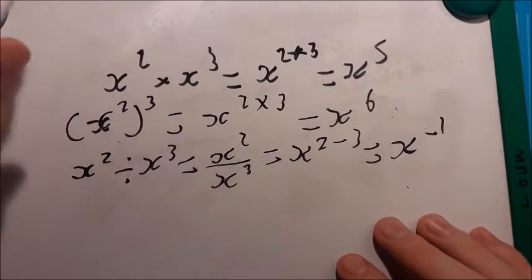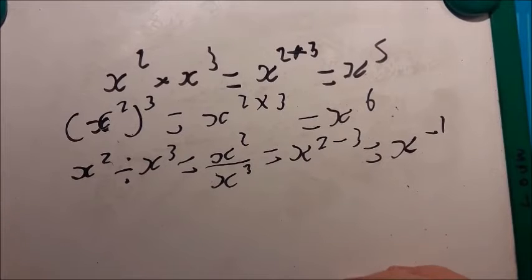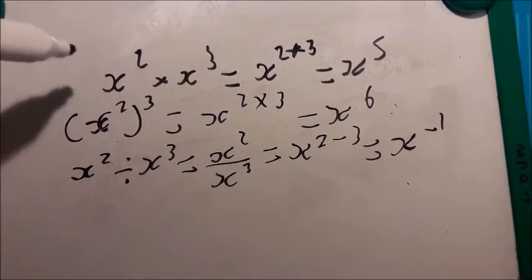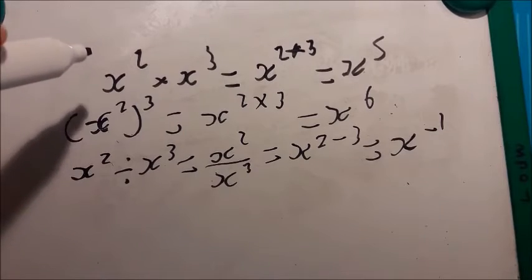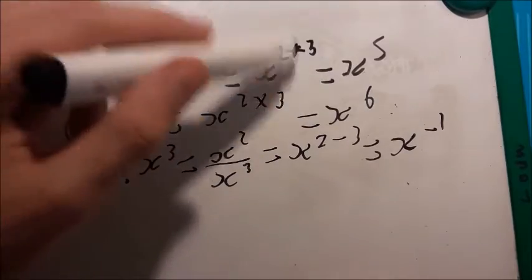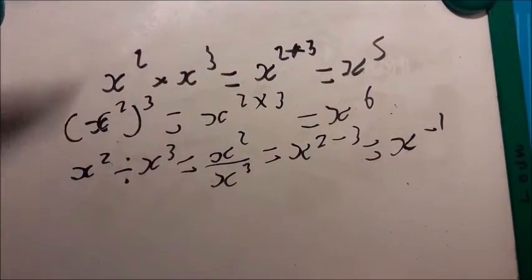Okay, so these are the main exponential laws. If you have exponents and then times another one, then you add the powers, like 2 plus 3, or whatever the powers are.